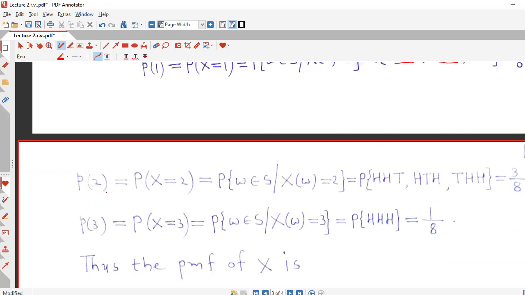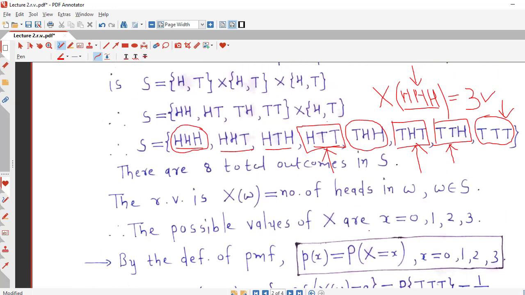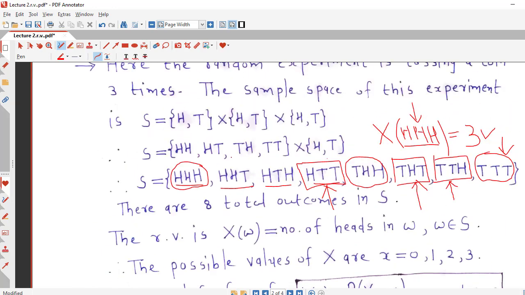Similarly, you have to find P of 2. P of 2 means the probability of the event such that the number of heads is 2. So I have to find those outcomes in which there are 2 heads. This contains 2 heads, this also, and this also, and there is no other outcome which contains 2 heads.